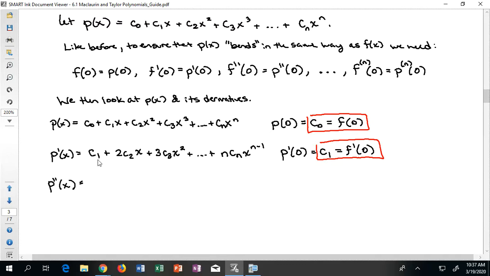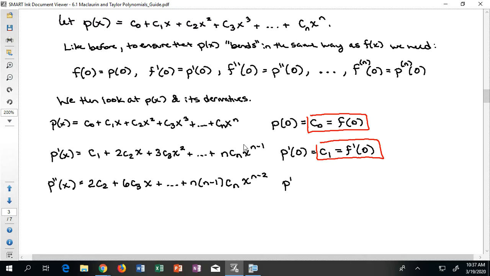What's the derivative of c1? 0, yes. Derivative of 2c2 times x should just be 2c2. Notice over here, I'm going to get 6c3 times x to the first. Then on and on. Over here, things are going to start to get clunky. I'm going to get an n, and then that n minus 1 is going to come down. And then I'm going to have c sub n and x to the, what's the new power on x? Yeah, it's going to be n minus 2.